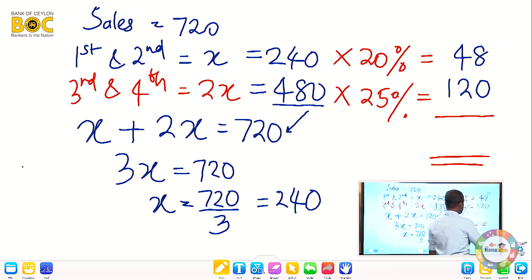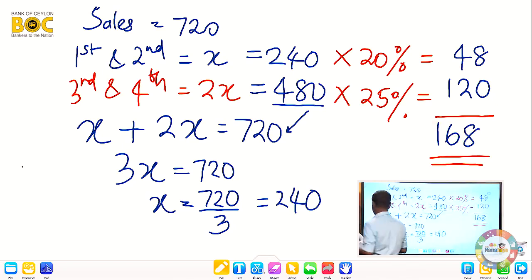Then the total gross profit is 168,000 rupees.